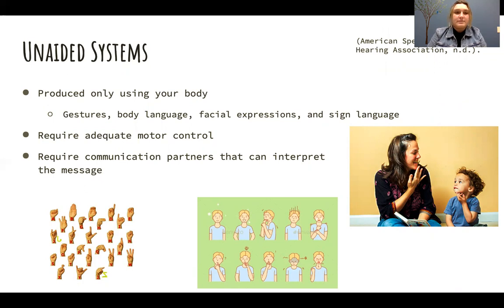And some of these hand shapes, positions, or even movements are more difficult than others to produce. Unaided systems also require communication partners that can interpret the message. So, for example, if a child is using signs, the communication partner will need to know what the signs mean so that they understand what the child is trying to communicate.